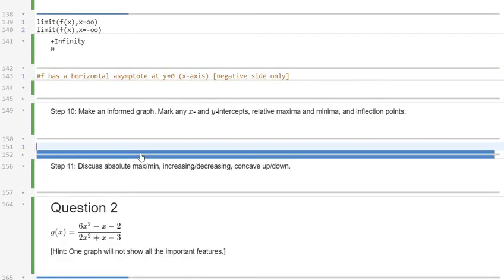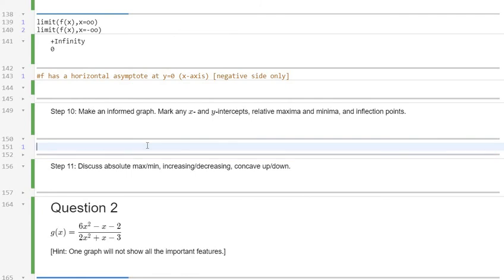Okay, so informed graph. I'm going to plot the function f, my x min and x max. I'm going to look back on my list of important x values that I made, and I see that the smallest one on this list is the inflection point at negative 2.48. Now we saw last time in part 1 that inflection points should not be put on the end of the window.